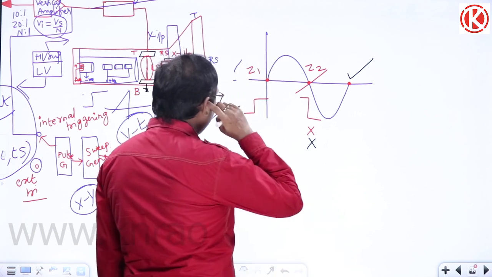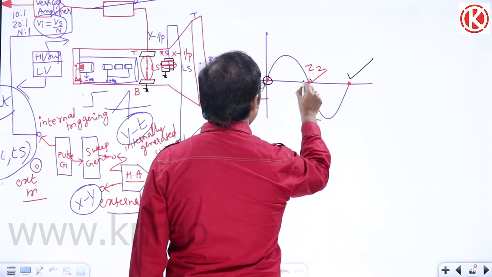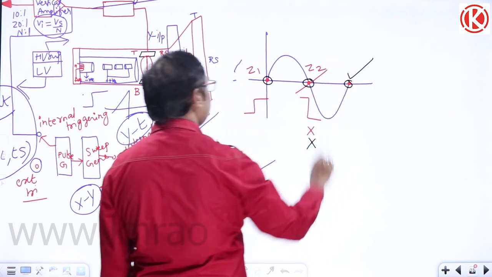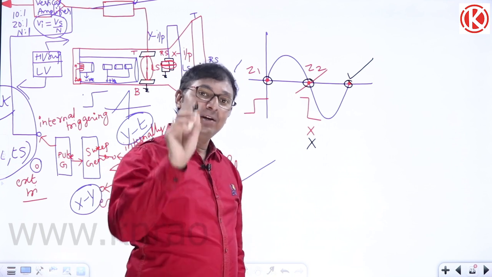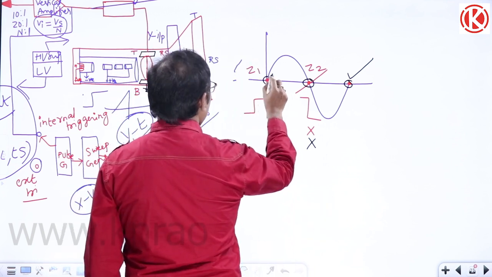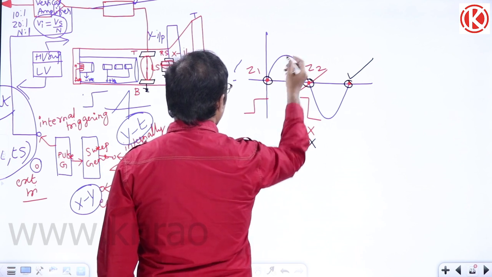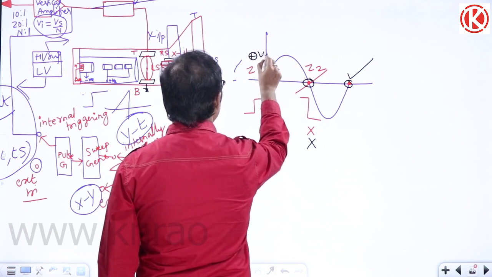If you observe, is there any difference between this 0 point, this 0 point and this 0 point? Among these three, is there any difference? We have a difference here. Please observe. At this zero crossing, sine wave is going like this, means rising, means the slope is positive here.